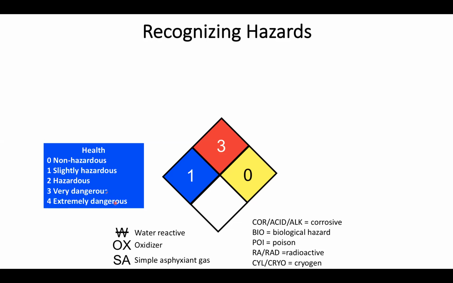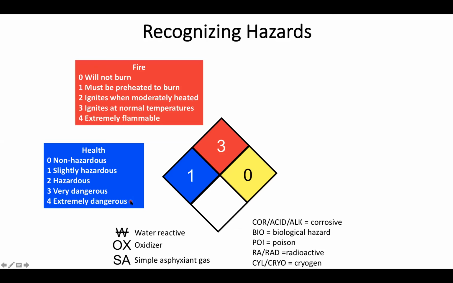So extremely dangerous. These are a lot of your strong poisons and include things like strychnine. So this is, again, LD50s less than 5, with strychnine having a value of about 2. So again, hopefully that gives you an idea of what we're talking about with non-hazardous to extremely dangerous, where there may be a lot more complications to those simple numbers than you think.